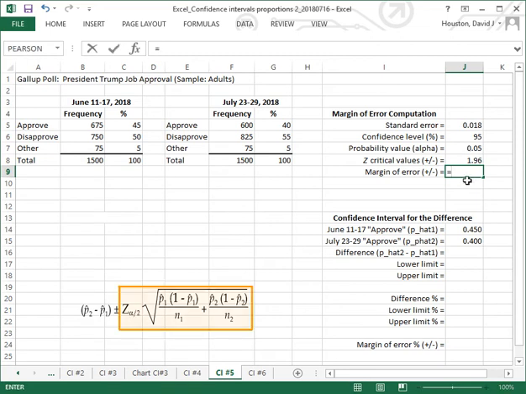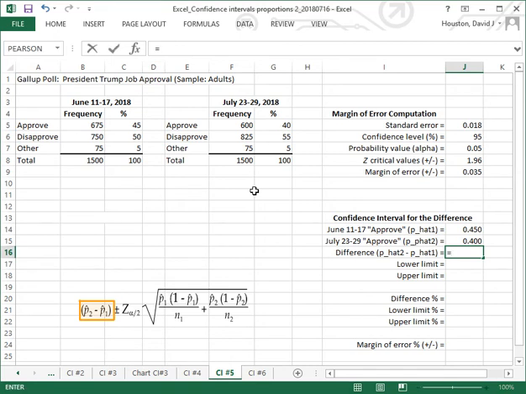Now define the margin of error. It's nothing more than the critical values multiplied by the standard error. And there we have a margin of error of plus and minus 0.035 proportion. Now we have all the information we need to construct the confidence interval around the change from the first to the second time period.